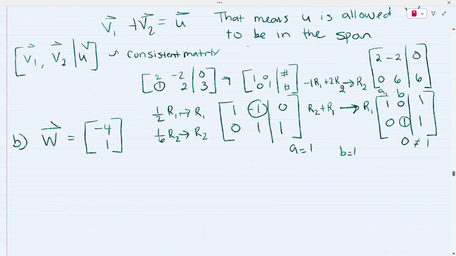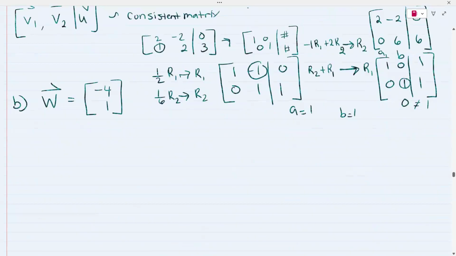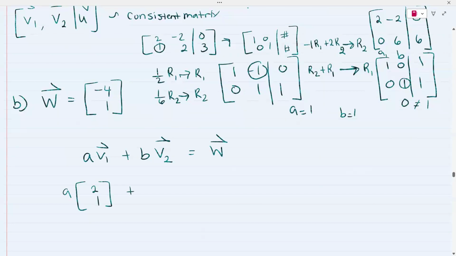So we're basically setting it up like this: A V1 plus B V2 gives you vector W, not U. So we have to figure out A. A we don't know, and vector V1 is 2 comma 1. B we don't know, vector V2 is negative 2 comma 2. And vector W is negative 4 comma 1.